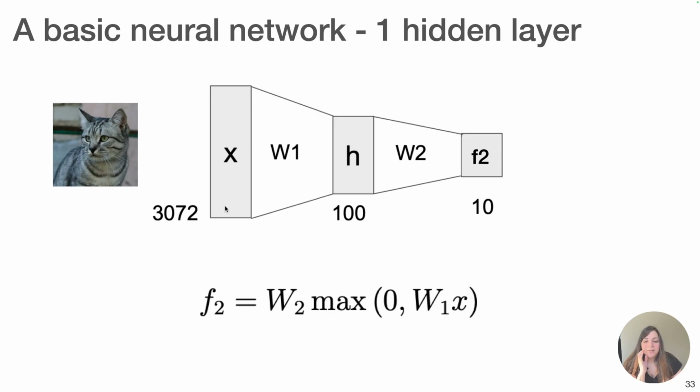And then you're going to apply some function to it, such that you convert it into a set of 10 numbers, which are the 10 classes of CIFAR10. In this case, for example, airplane, cat, dog, frog, just 10 of these from your data set.